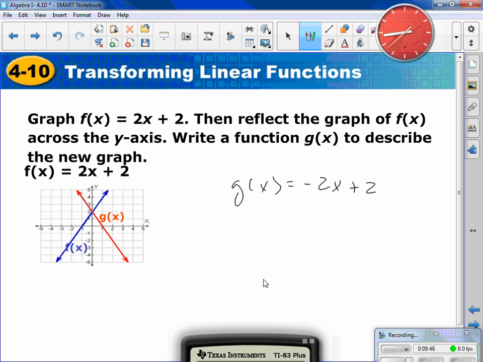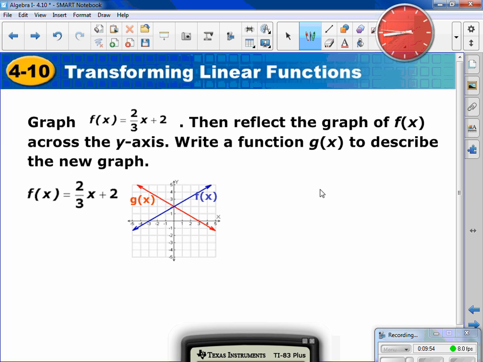That's it. If you reflect something over the y-axis, you just change the sign of the slope. What would this one be if I reflect the f of x over the y-axis? Negative 2/3 x plus 2.